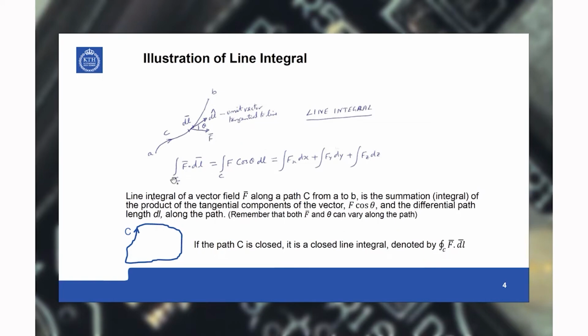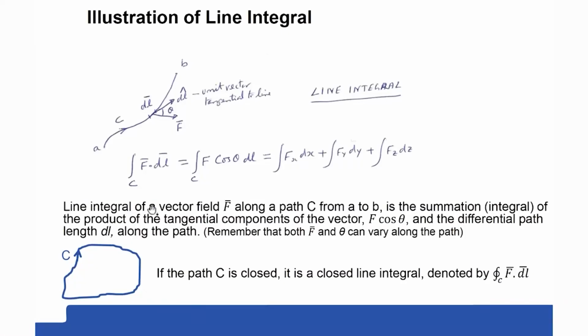The line integral of a vector f along a path C from A to B is the summation, that is the integral, of the product of the tangential component of the vector, that is f cos theta, and the differential path length dl along the path. Now you have to remember that both f and theta can vary along the path. They need not be constant. So that is why you need to have this integration or summation.